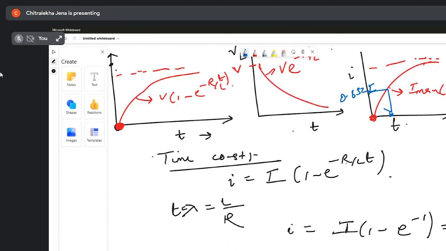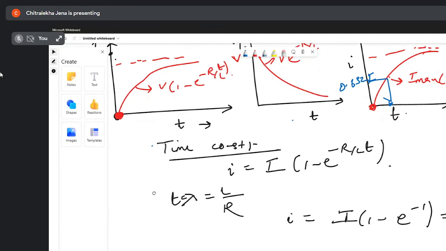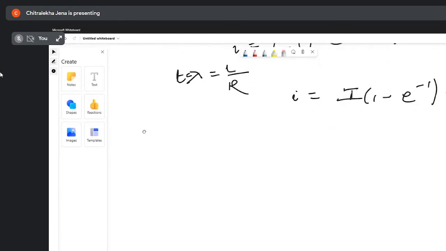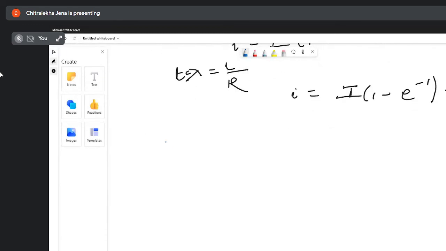Okay. So how will you define time constant, tell me? It is the time taken, write down. It is the time taken by the inductor current to reach to how much times?